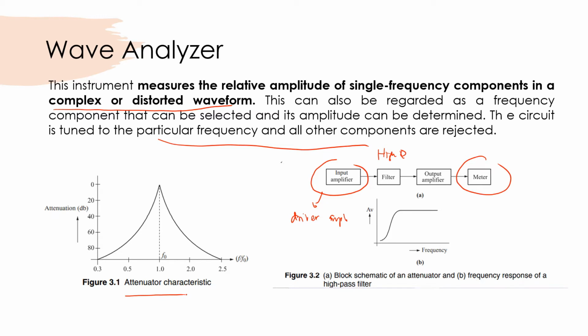This is the frequency of interest, this is the lower side of the frequency of interest, and this is the upper side. In the frequency of interest, there is no attenuation, or attenuation is 0. But below and above the frequency of interest, we put an attenuator here, and then we go to the input amplifier, then the filter and output amplifier, and then we can see it in the meter for the analyzer.